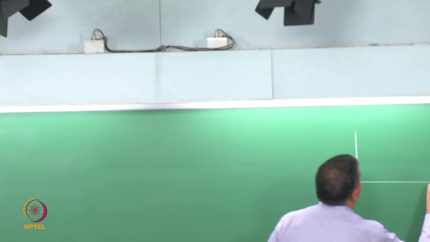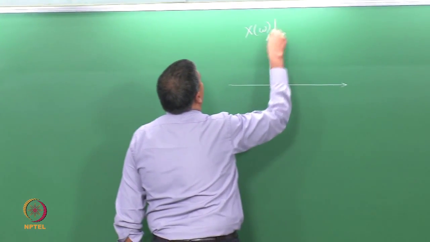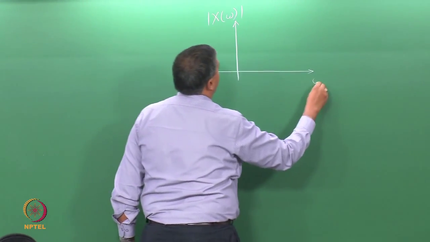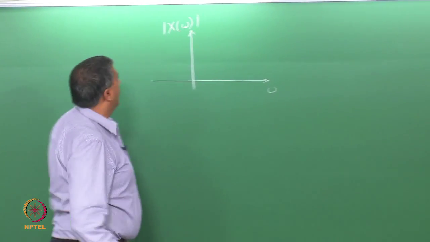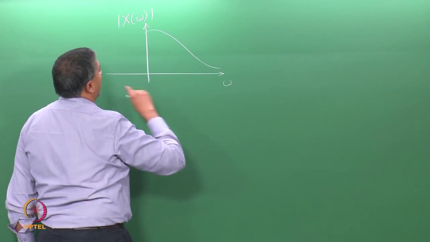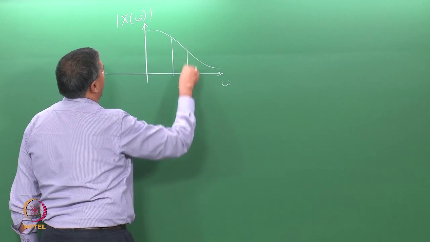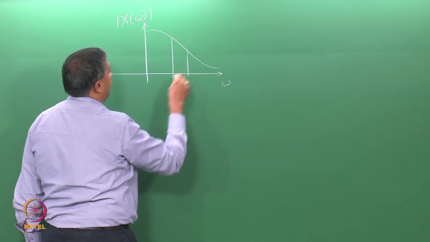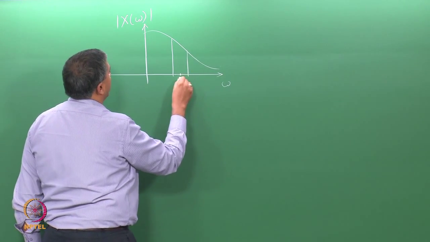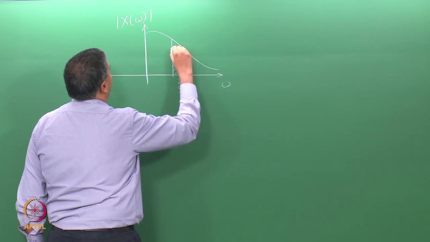Let us assume that the magnitude of x of omega, in general a complex number, looks like this, and let us say I am looking at some value of z which is here. So, this is x of omega.